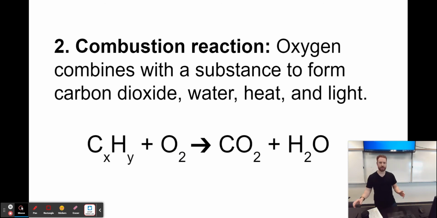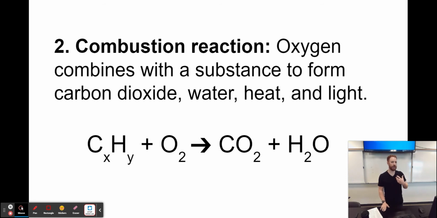So the basic framework equation for what a combustion reaction is: it's a carbon-hydrogen rich molecule reacting with oxygen gas to form carbon dioxide and water.